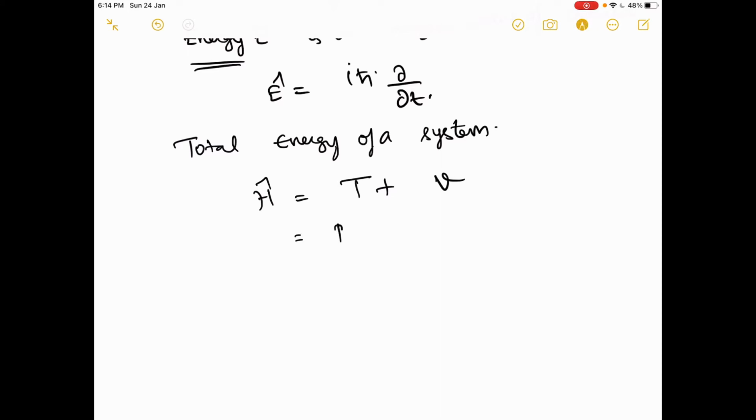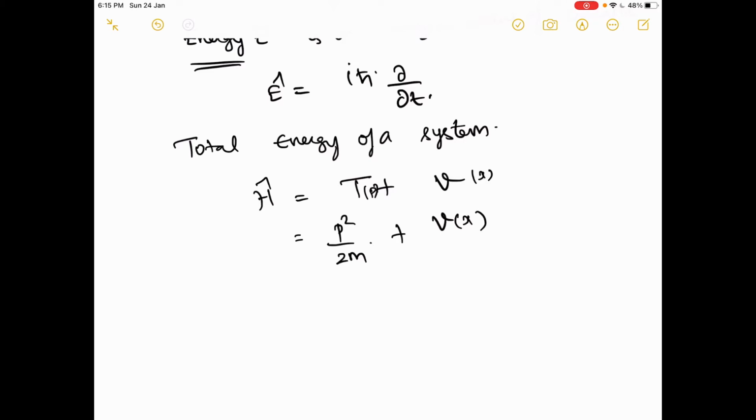And the kinetic part can be written in terms of the momentum, right? And if you're talking about one-dimensional systems, V being the potential, we can write it as V of x. And the Hamiltonian is written in such a fashion that the kinetic energy is a function of only the momentum and the potential energy is a function of only x. This is the common way of writing the Hamiltonian, right? So if this is true, we come up with this.